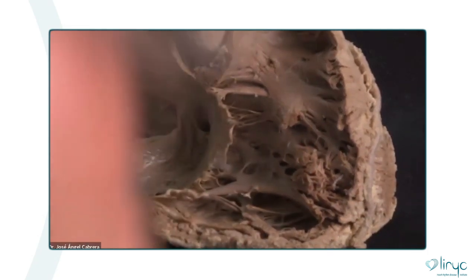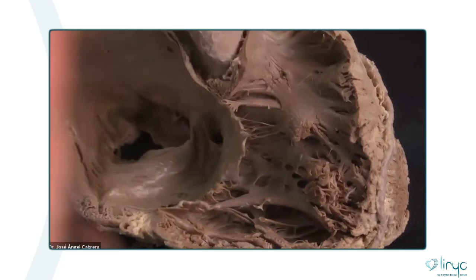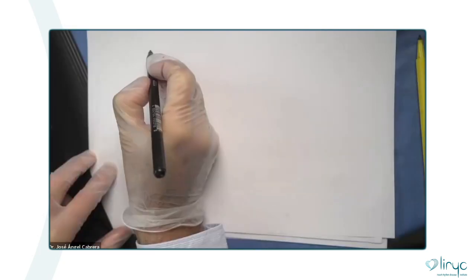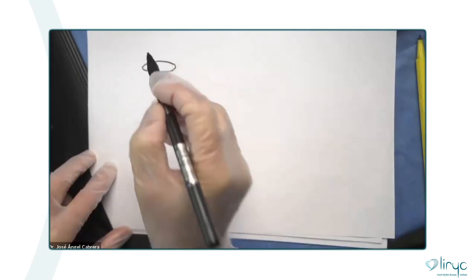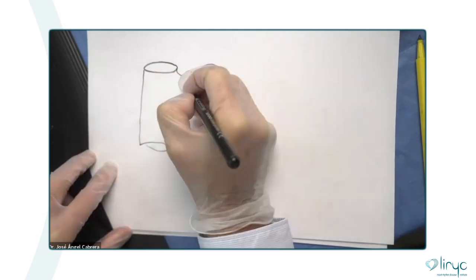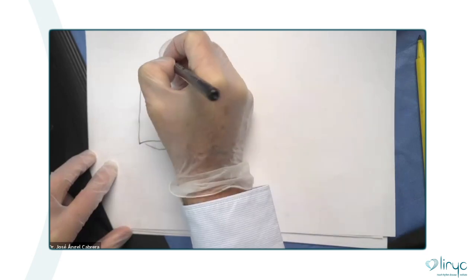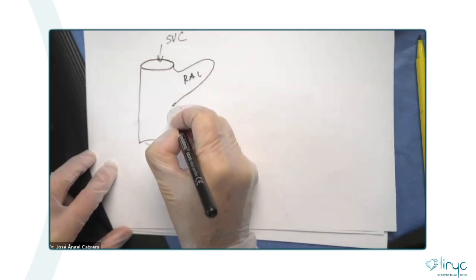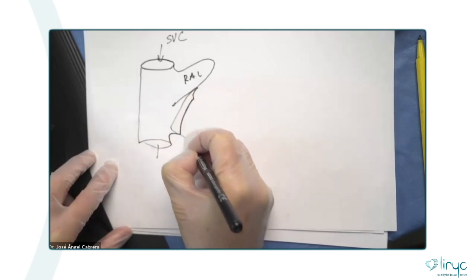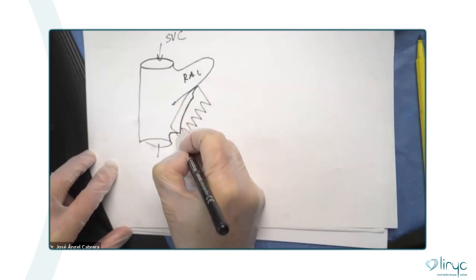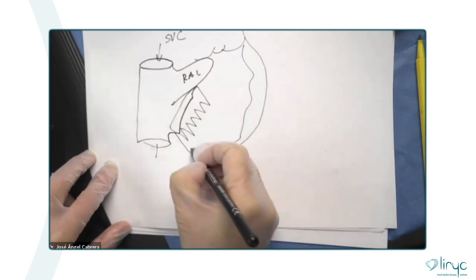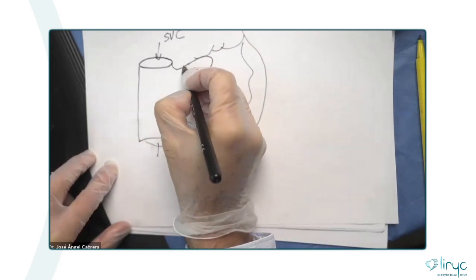Just to summarize in one drawing to facilitate your understanding of the right atrium, note that this is the superior vena cava, this is the inferior vena cava, this is the right atrial appendage, and here we have the tricuspid valve.